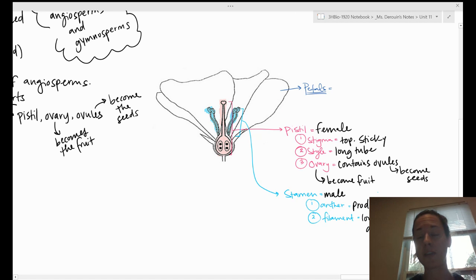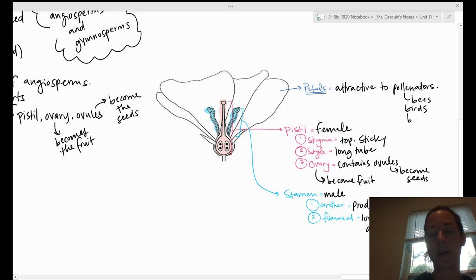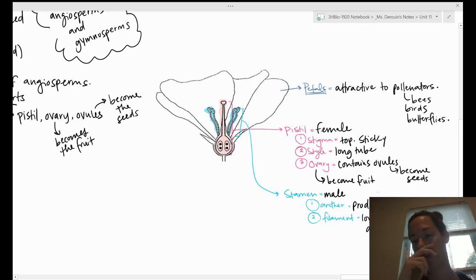And then the purpose of the petals is to be attractive to pollinators. These are things like bees, birds, butterflies. They're bright so that a pollinator will be attracted to it and will come to pollinate the plant, because without it, the plant can't reproduce for the next generation.